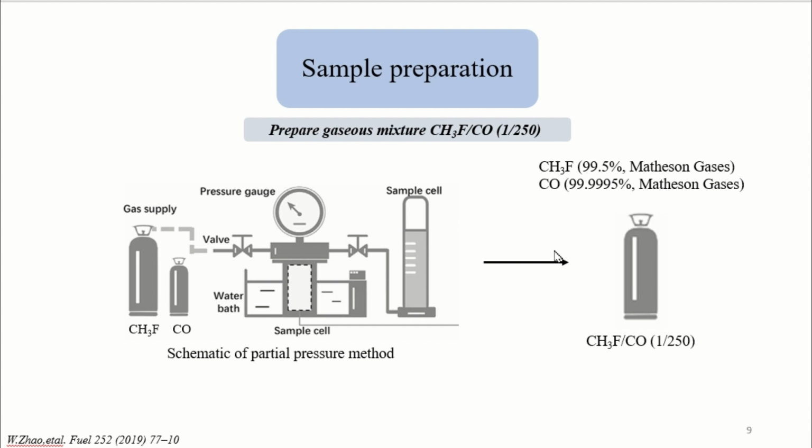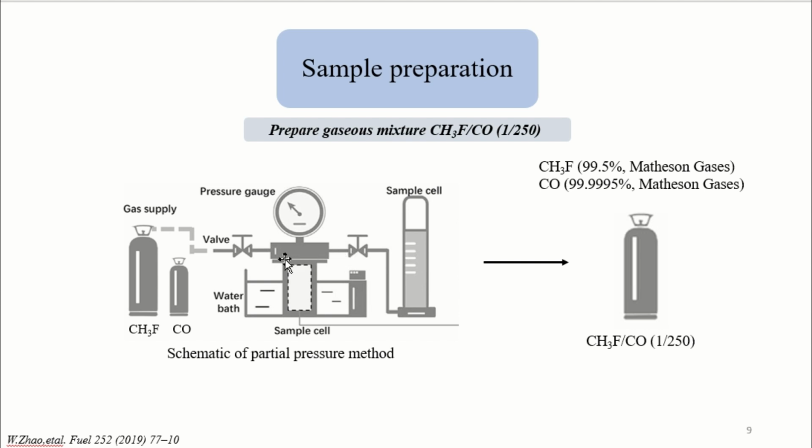In order to prepare a gaseous mixture at a molar ratio of 1/250, this paper uses the partial pressure method. This is a schematic of the partial pressure method. For example, open one of the gaseous cylinders, methyl fluoride first, and open its valve to measure its pressure, for example 1.